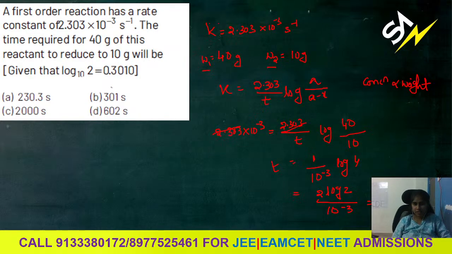Finally, on calculation, we will get the time as 602 seconds. So this is the answer for this question. 602 seconds are required. Apply this value of 0.301 in place of log 2 and calculate. You can easily get the answer.